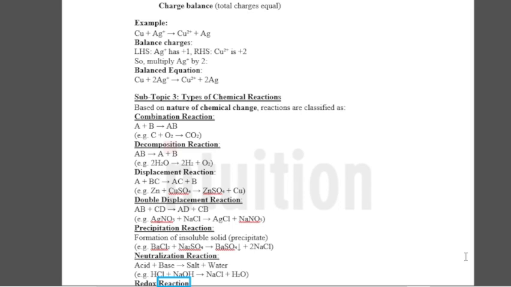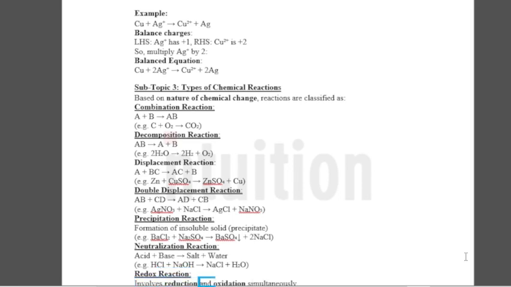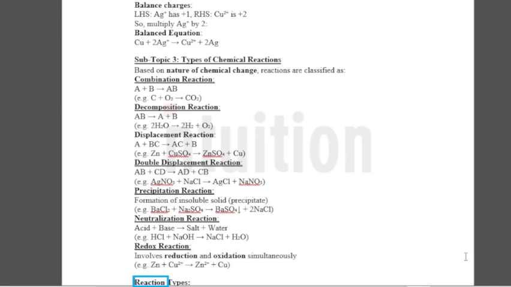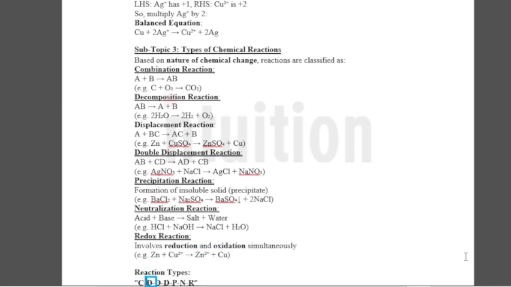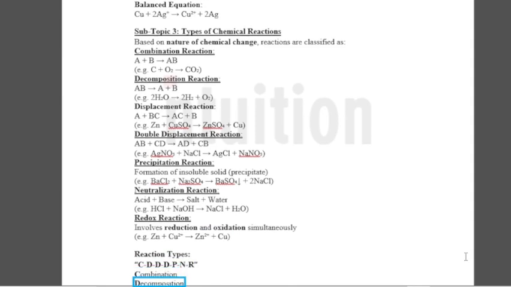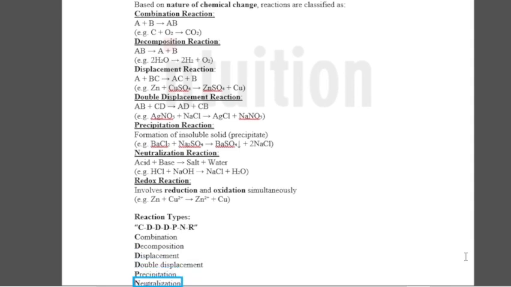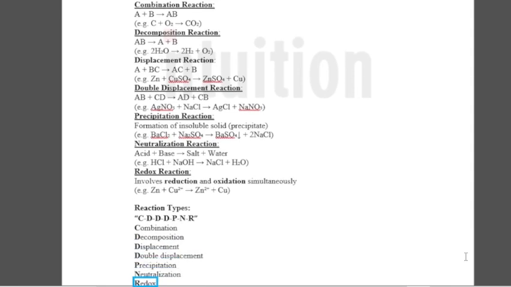Redox reaction, involves reduction and oxidation simultaneously, e.g. Zn plus Cu2+ gives Zn2+ plus Cu. Reaction types: CDDDPNR. Combination, decomposition, displacement, double displacement, precipitation, neutralization, redox.